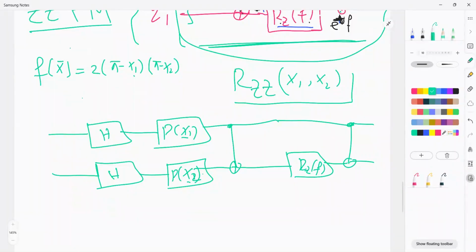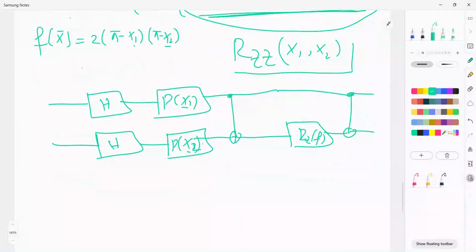And just to emphasize again, x1 and x2 have been scaled to be between 0 and pi for a one-to-one correspondence and getting a unique state for each pair of features.